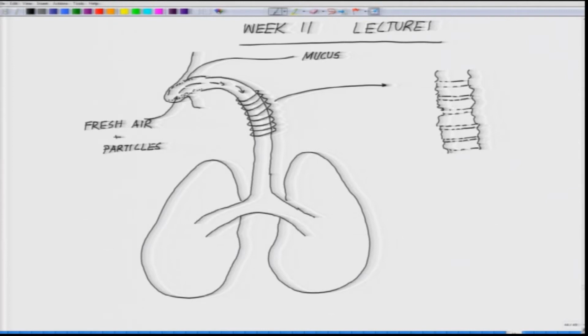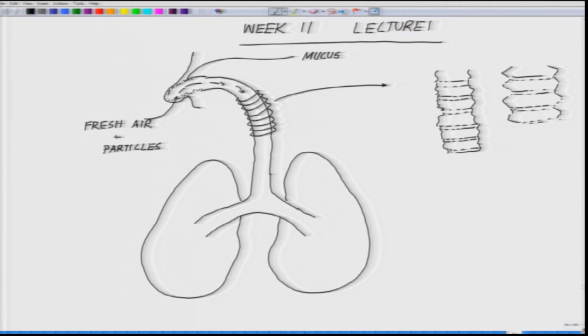Something like this, okay? And when it inflates, it becomes something like so. This is your trachea, which is cartilaginous tissue, and it expands pretty neatly.